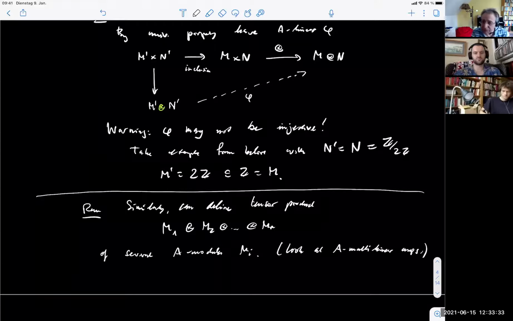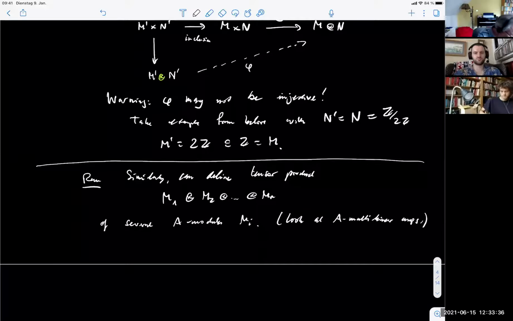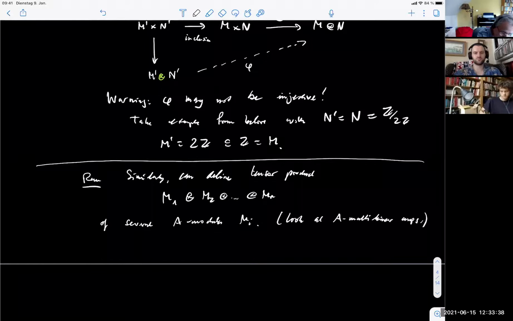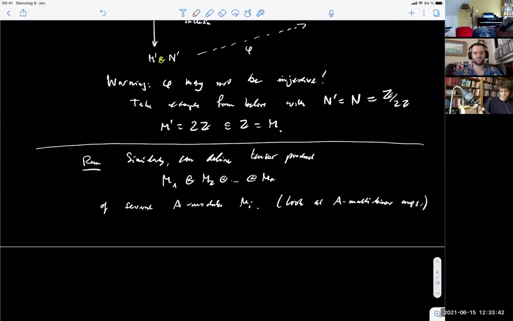Is it clear? I don't want to bore you. But maybe I still do it. What I have is this: I have a tensor product map. This is multilinear, so it's linear in each component.